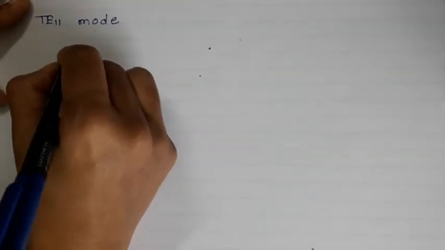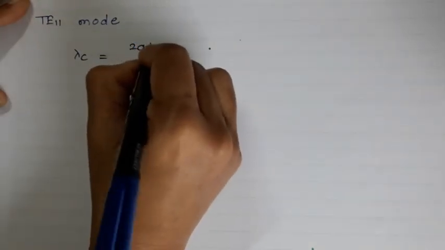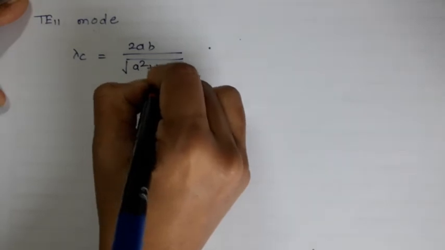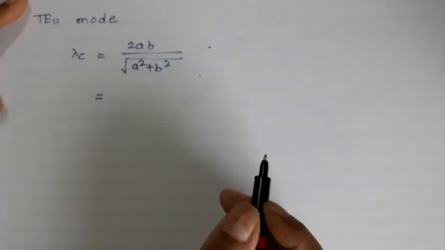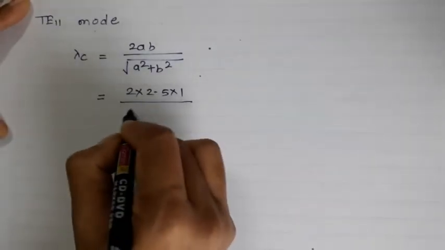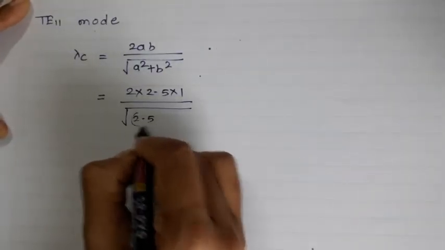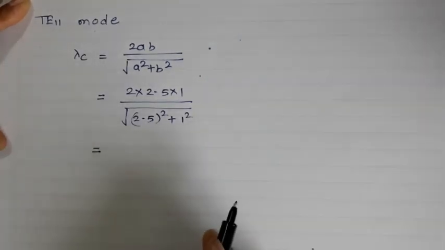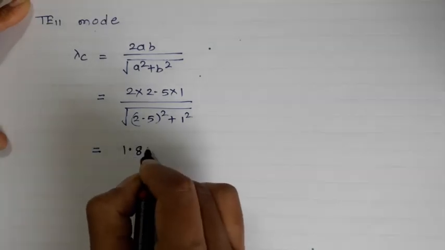Now let us talk about the TE11 mode. If the TE11 mode is possible, I'll calculate the lambda c for this one. Lambda c is twice ab divided by the square root of a square plus b square, because it is 1 1. So 2 into 2.5 into 1 divided by the square root of 2.5 square plus 1 square, and this gives lambda c as 1.856.